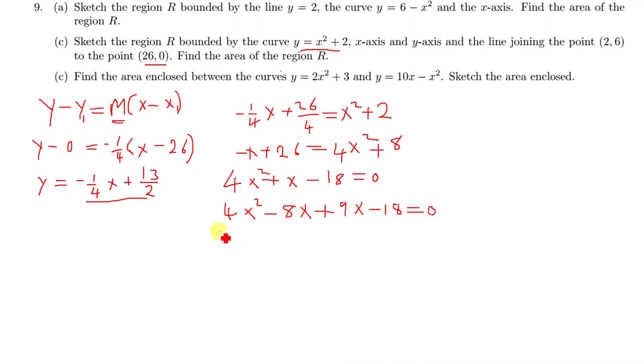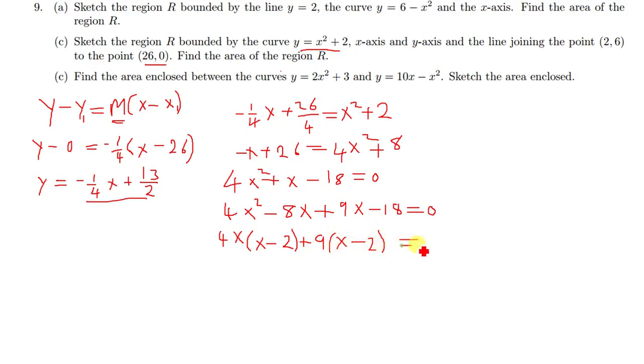Here you get 4x as your common factor, and then you get x minus 2, then plus 9 outside, meaning you have your x minus 2 there as well.